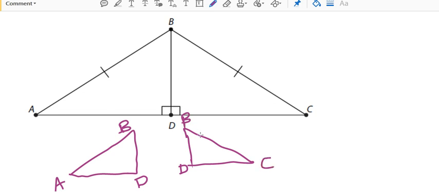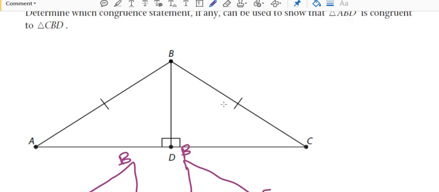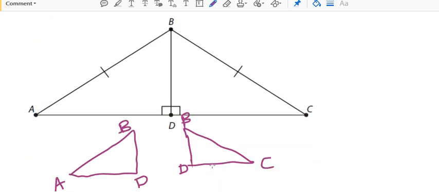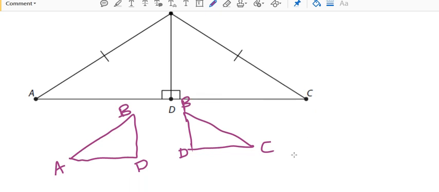So again, I do have two different triangles here, and I'm trying to figure out if ABD is congruent to CBD. So what we know here is that we have an angle that is a right angle.